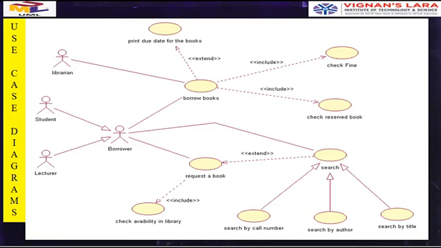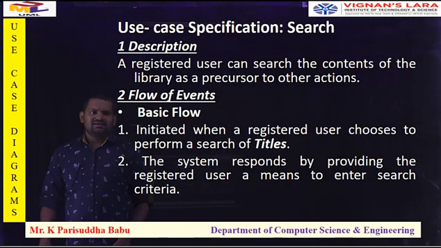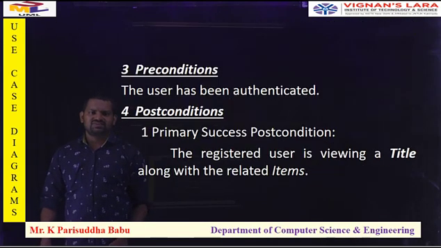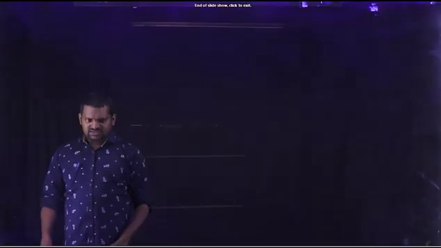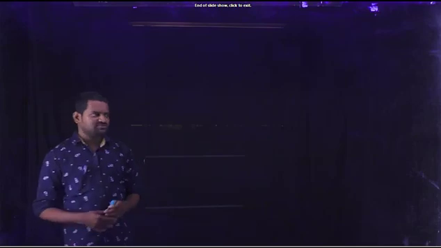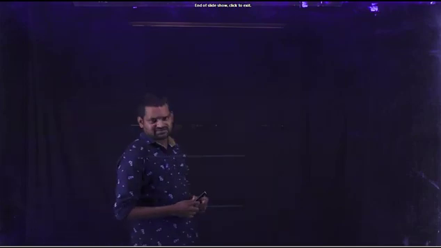That kind of information you follow to represent these many use cases and actors. The use case specifications are there, a large number of specifications, and those specifications will be represented later.